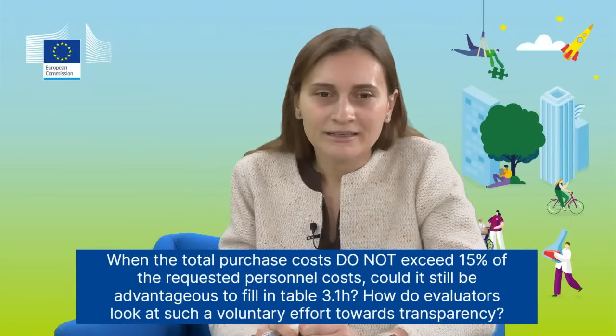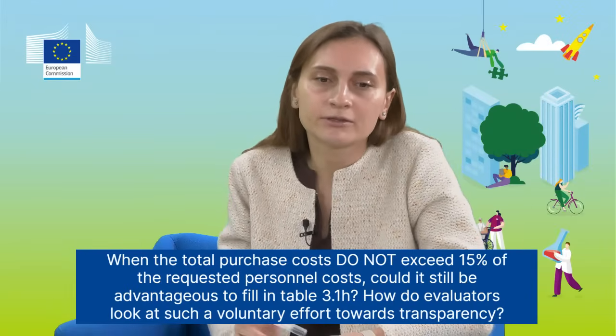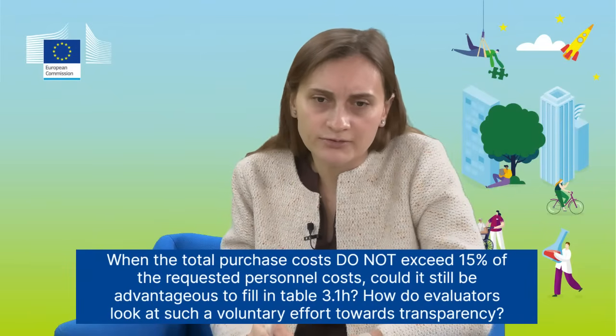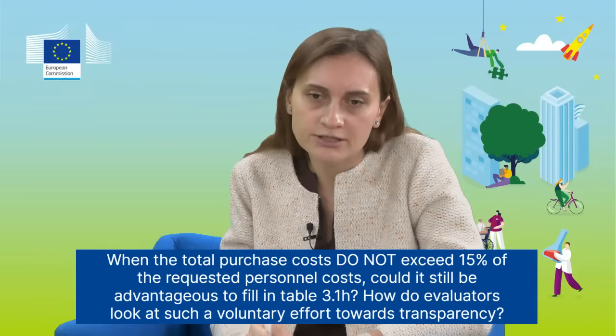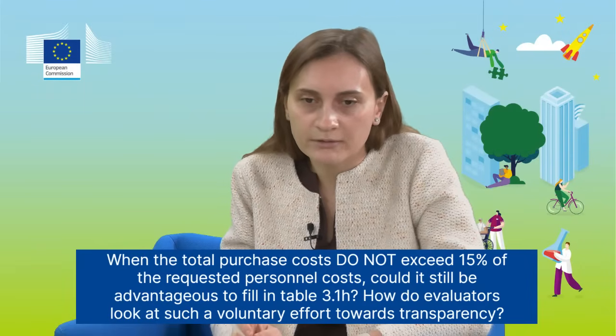I can take this one. When the total purchase costs do not exceed 15% of the requested personnel costs, could it still be advantageous to fill in table 3.1H? How do evaluators look at such a voluntary effort towards transparency?